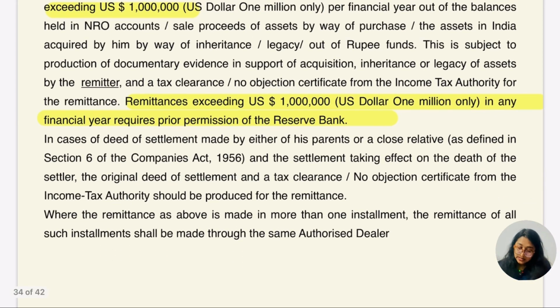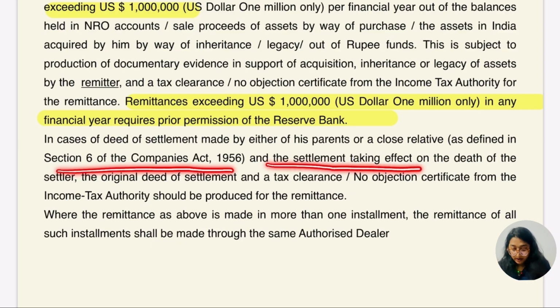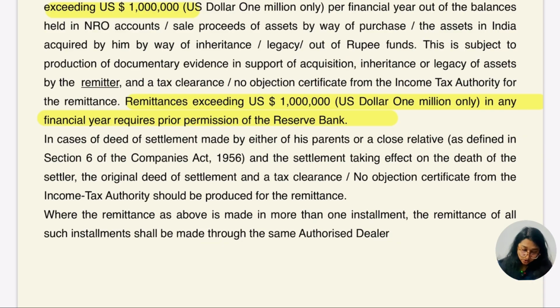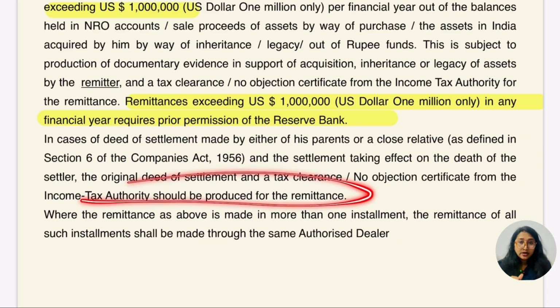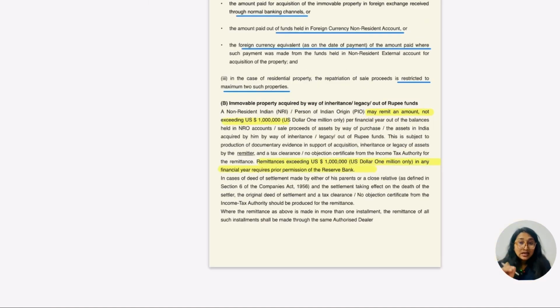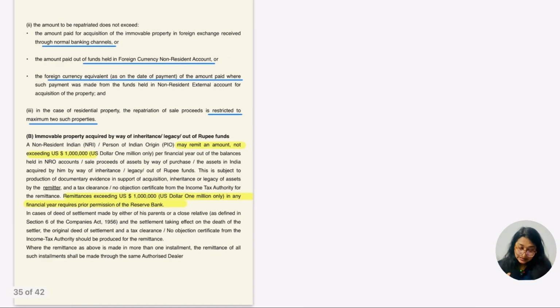In case of a deed of settlement made by either of his parents or a close relative as defined in section 6 of the Companies Act, with the settlement taking effect on the death of the settlor, the original deed of settlement and the tax clearance no objection certificate from the income tax authority is to be produced for remittance. If the remittance is made in more than one installment, the remittance of all such installments shall be made through the same authorized dealer.